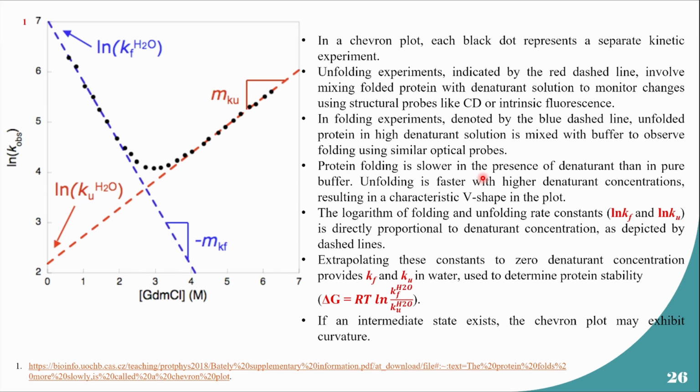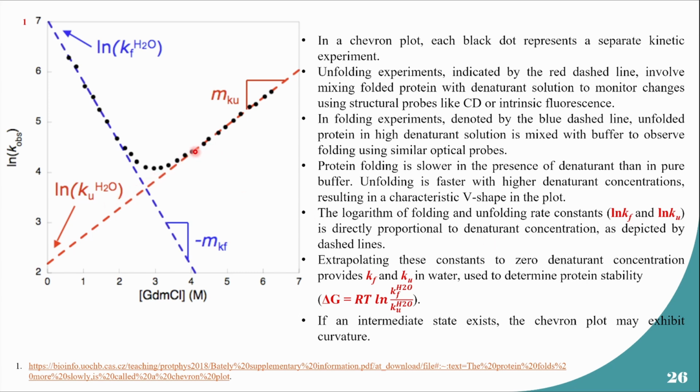So folding is slower in the presence of denaturant than in pure buffer, of course. Unfolding is faster with higher denaturant concentration. And this sort of gives you the characteristic V kind of plot, the chevron plot, right? Now, here the logarithm of the folding or unfolding rate, the K value, is directly proportional to the denaturant concentration, which are depicted in these dashed lines.